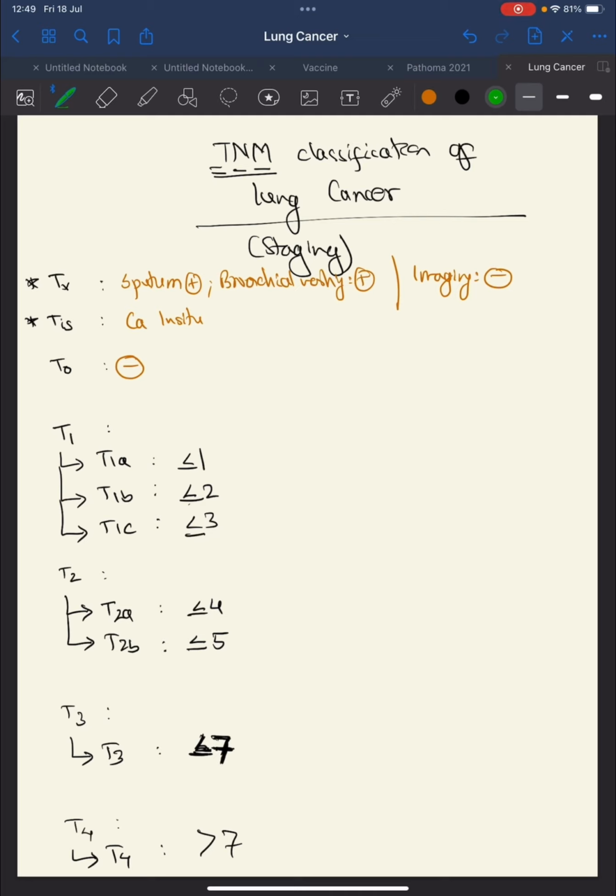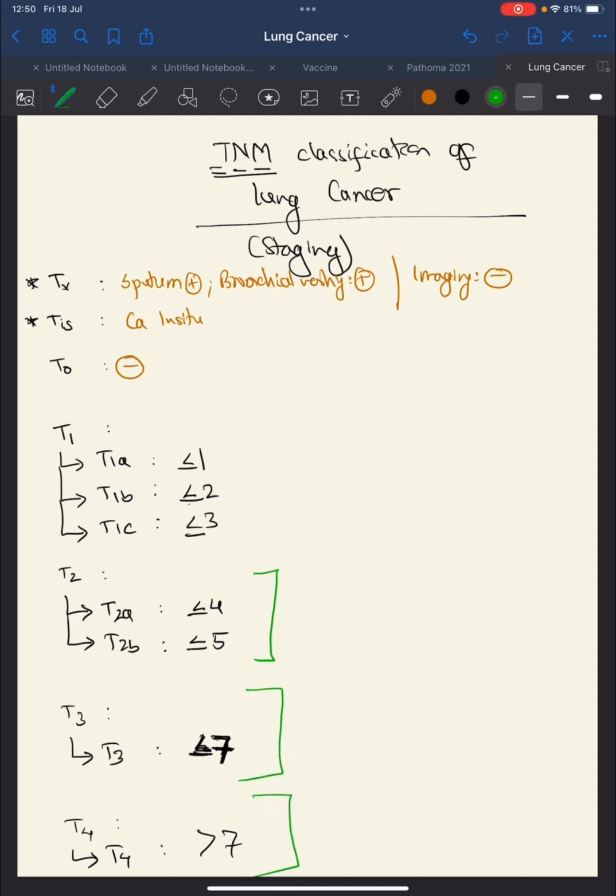Here there are also some involvements of the organs to make it more diagnostic. There is nothing of this for T1A, T1B, T1C; there we only look at the size. For T2, T3 and T4 we look at the organ involved by this tumor.